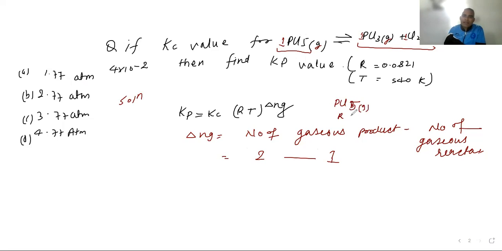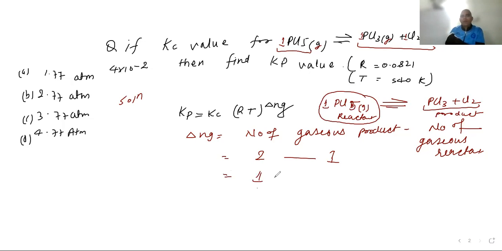It is the reactant, and it is converting into PCl3 plus Cl2, which are the products. So there is one reactant and two products. So the answer is going to be 2 minus 1, which is 1 mole. Is it okay? Yes, sir.